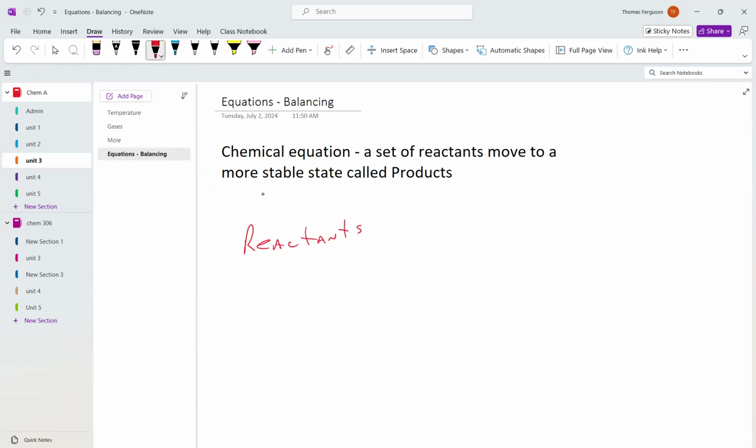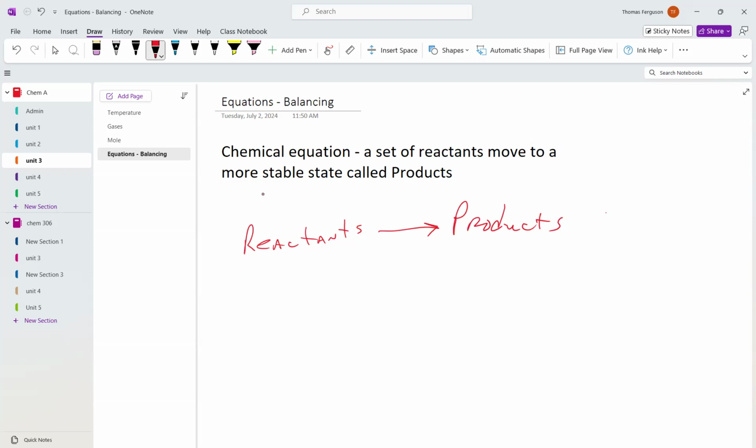Now, if you can combine the reactants together to form a more stable arrangement, they go to products. Only if it's more stable.